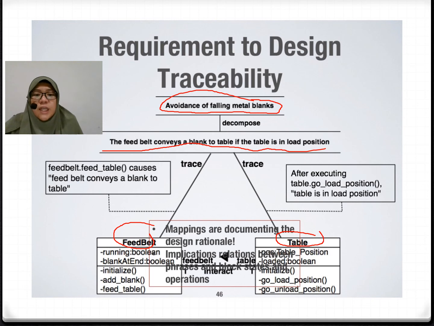So you can trace the requirements to the class diagram design. It also has an add blank function, so your functions are traceable to your requirements, and your design is adaptable.